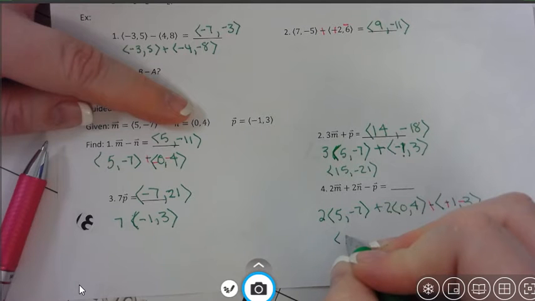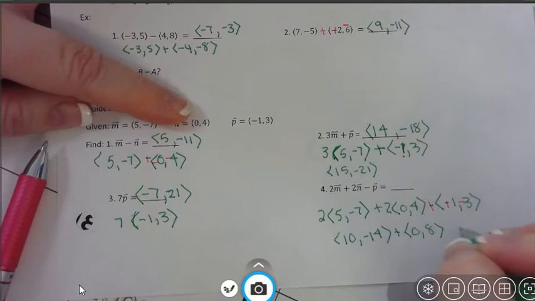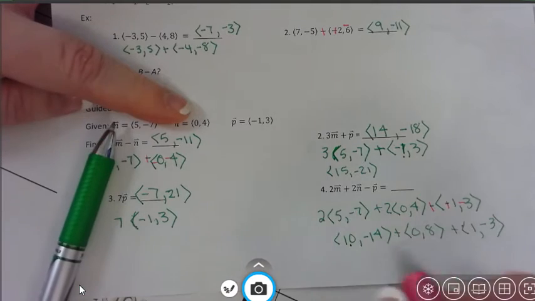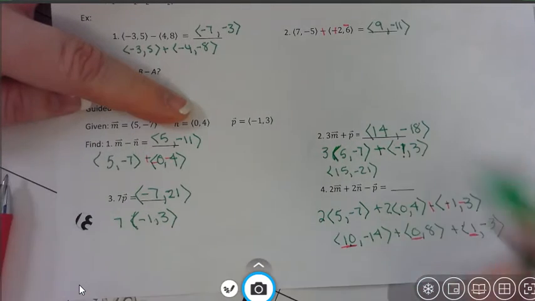I told you this was a piece of algebra. All right, and then plus 0, 8, and then plus 1, minus 3. All right, so collect, I'm going to underline it in pink. That's going to give us 11.